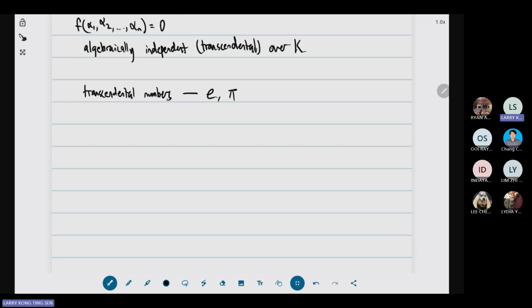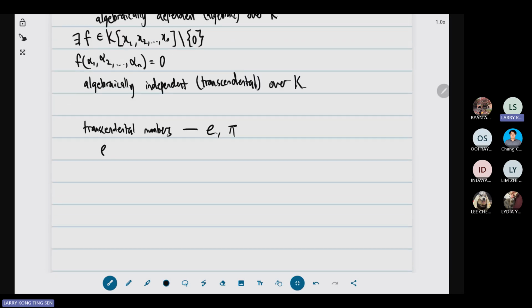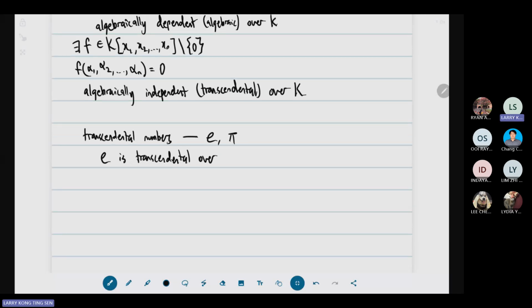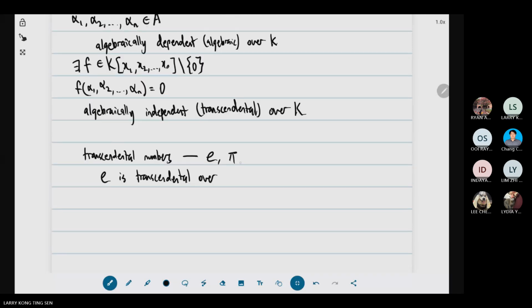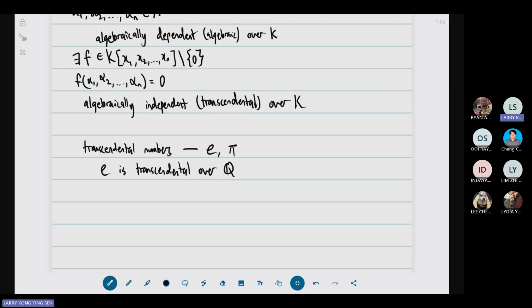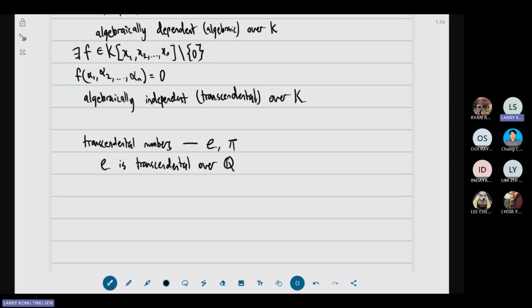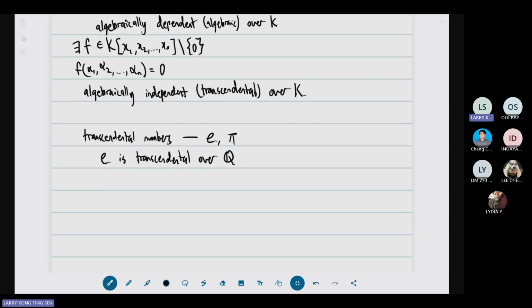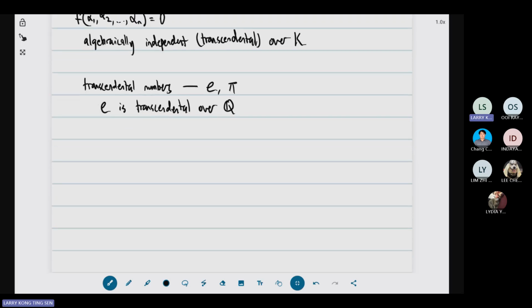In this case, we say that e is transcendental over Q, because there are no polynomials with coefficients from Q that can make e a root. The proof is quite complicated, so I would not bother writing it, and the same for pi.